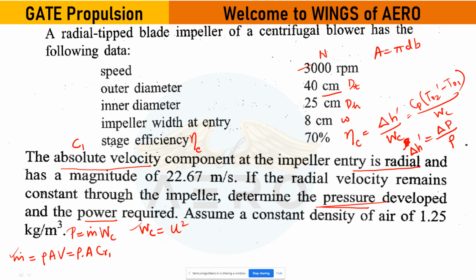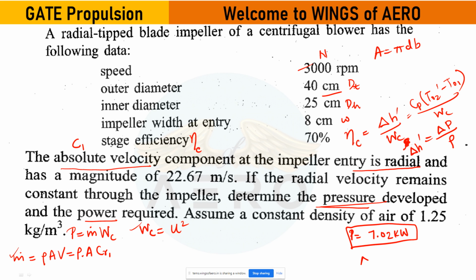Please note this problem for your homework. Practice it and let me know what value you are getting. The answer for the power is 7.02 kilowatt. Just ensure you are getting that value or not.